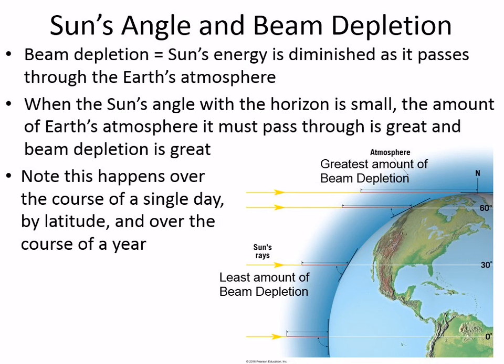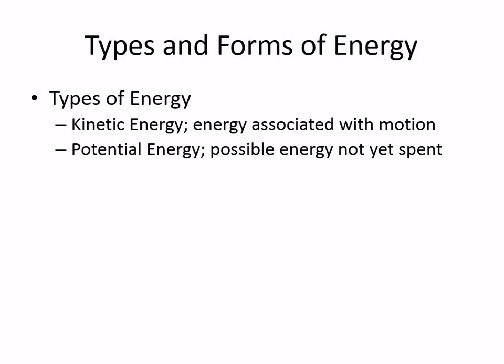Its angle throughout a given day varies: it starts out small, it gets to noon, and then it goes back down again. So this idea of beam spreading and beam depletion happens throughout the given day, it happens by latitude, and it happens as we orbit the sun too.